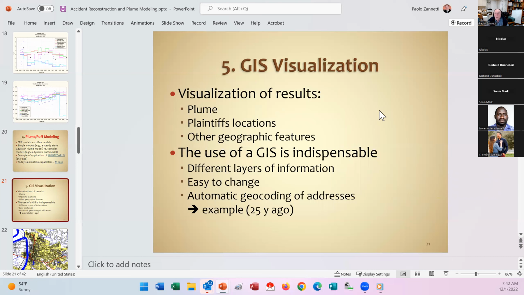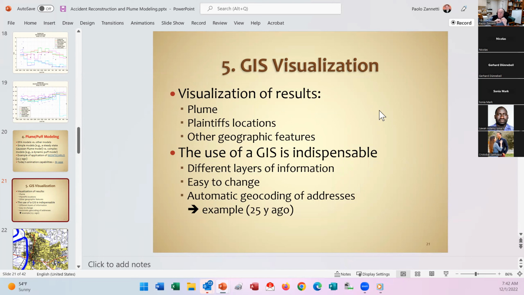In litigation it is indispensable, but also if you present results to a conference and you incorporate these results under GIS layers, that will be a very good idea. What we do all the time, we have layers which we can turn on or off in our GIS.